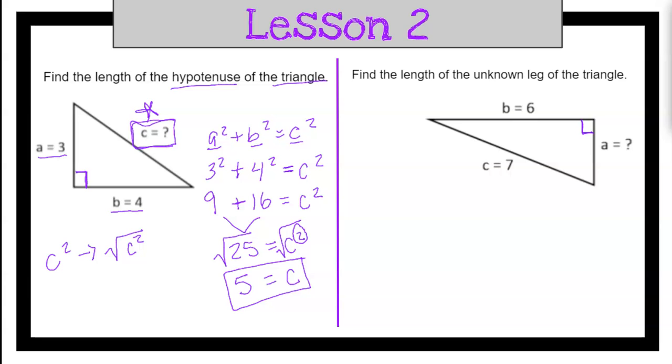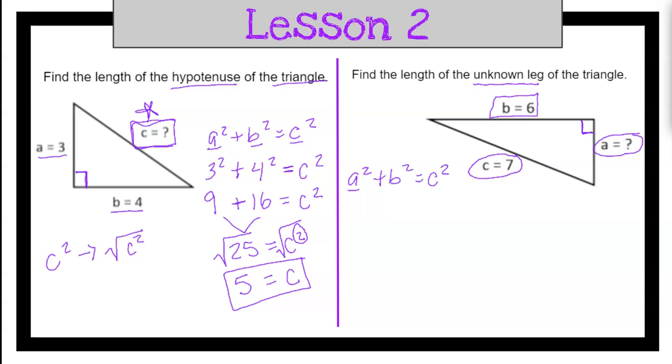For our next example, we need to find the length of the unknown leg of the triangle. So this time we know our hypotenuse. Our hypotenuse is 7. We know one leg is 6, but we're not sure of the other leg's value. So again, we're going to use our Pythagorean theorem, a squared plus b squared equals c squared.